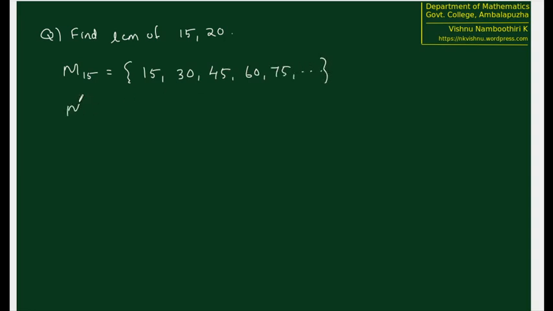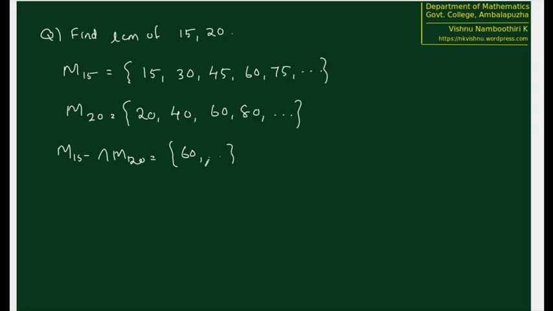Now multiples of 20 are 20 itself, then 40, after that 60, after that 80, and like that. Now if we take the intersection of multiples of 15 and multiples of 20, we see that the intersection starts with 60, and has some more elements after that. So definitely the least element is going to be 60. Therefore the LCM of 15 and 20 is equal to 60.